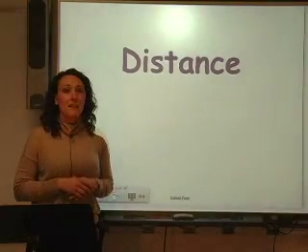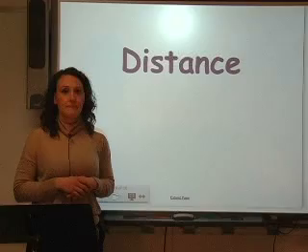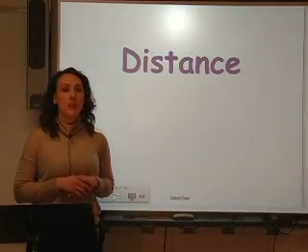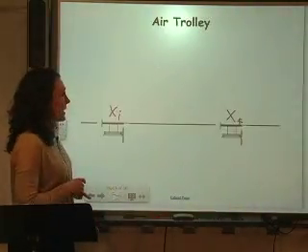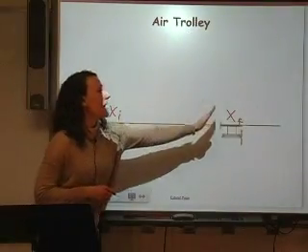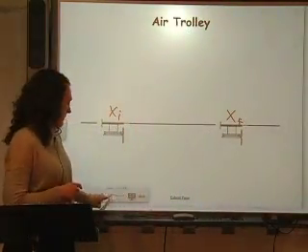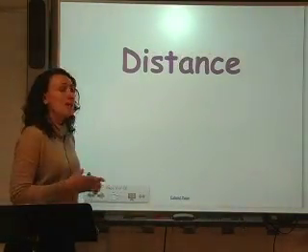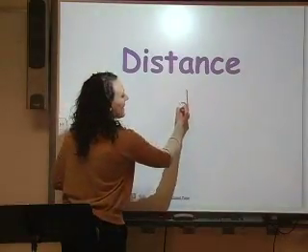Distance is defined as the amount of change of position. So we can say that the object started here and ended here, and how far it traveled in between is the object's distance. You also have to know that the symbol for distance is a lowercase d.